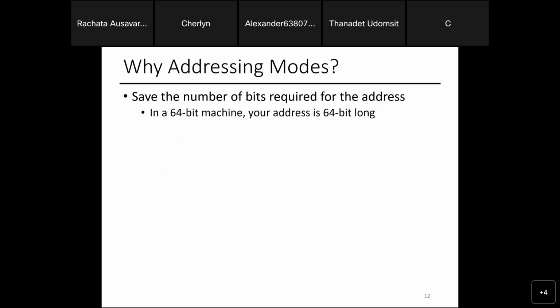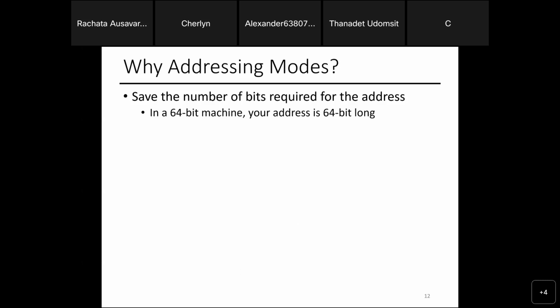For x86, first question, why do we need this? Let's say your address is in a 64-bit machine, which is all your computer right now. The number of bits that I need to represent an address without the addressing mode is going to be 64 bits. So I need the whole thing. And 64 bits is long. That's 8 bytes, which means that if I do any move instruction, I need at least 8 bytes. Really? That's long.